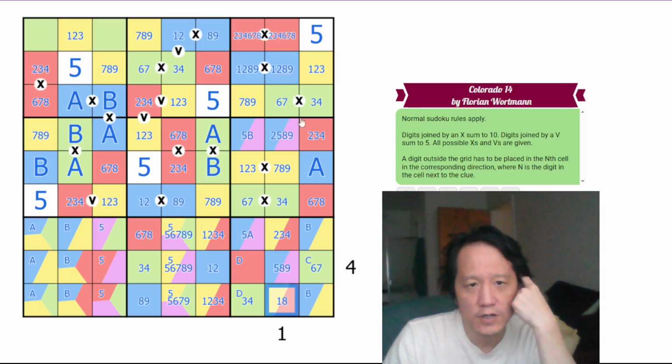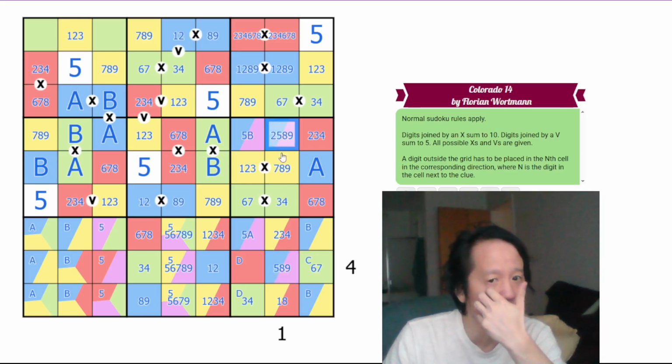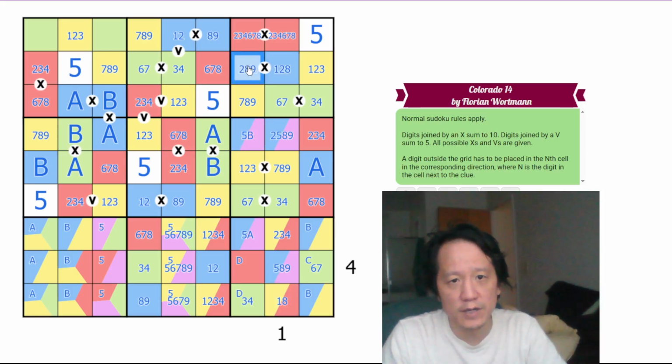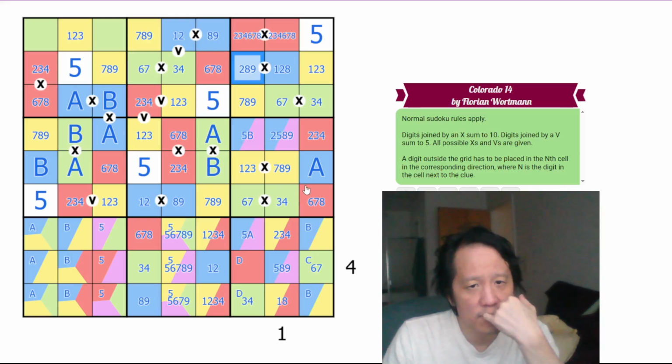That's fine. I don't think this can ever be 9. If this is 9, that means blue has to be the low. But then this would be 5, and that can never be blue as low. So this cannot be 9, which means this can't be 1. This could be 2 or 8. That's fine.